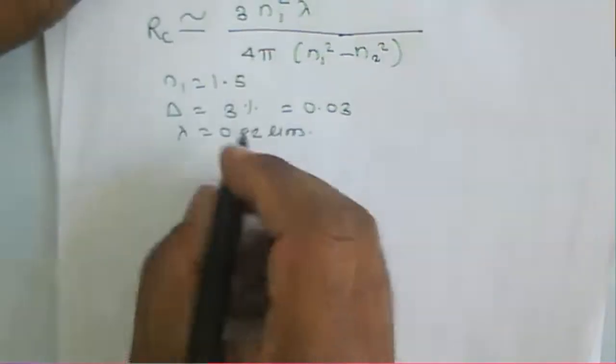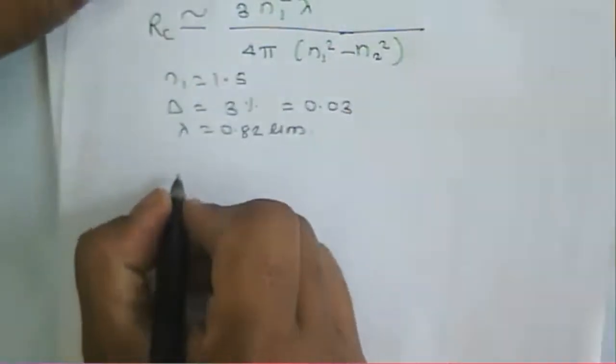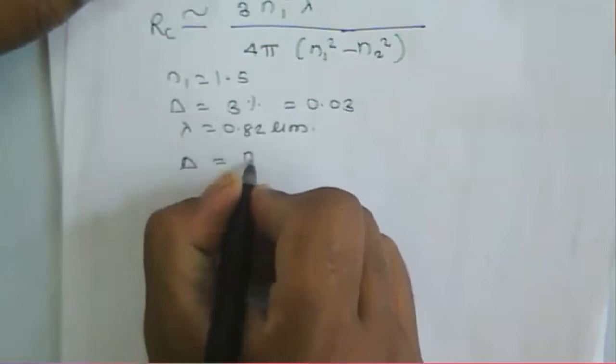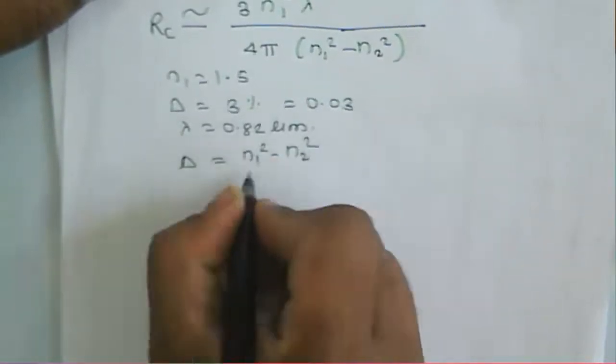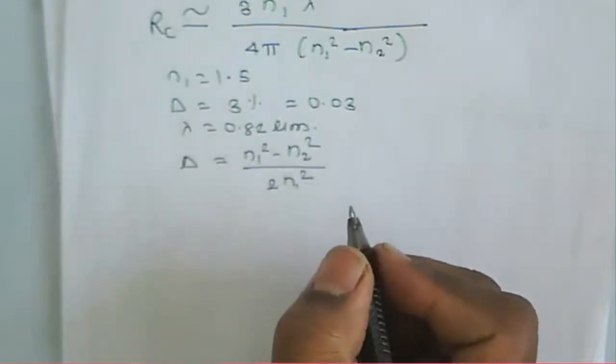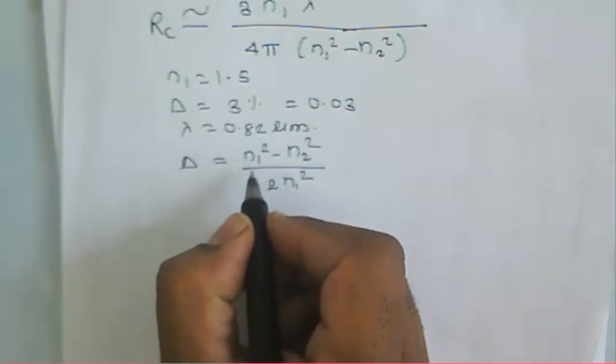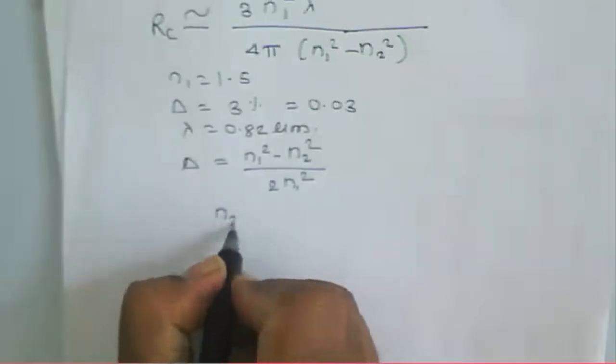Now you can solve it to obtain the N1. So we know that del is equal to N1 square minus N2 square by twice of N1 square. You can put the value of del, you can put the value of N1, and you will get the N2.